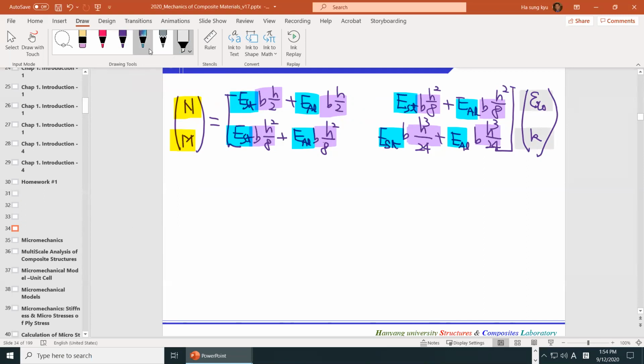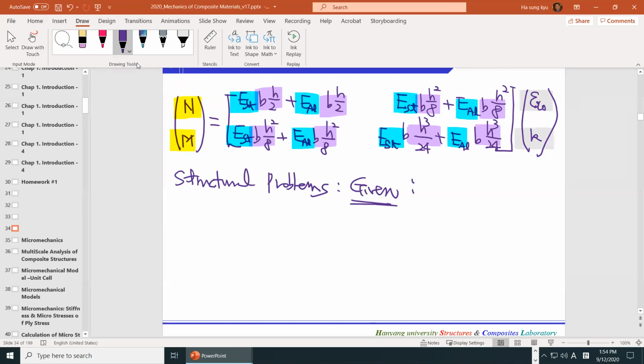So it's very important to notice here that always, in structural problems, we need to have a given condition. What are the given conditions? What are the values we need to know? We always need to know geometry. We always need to know material properties.